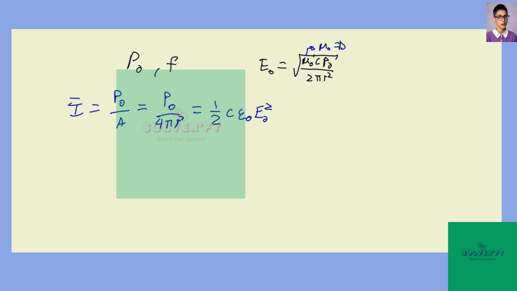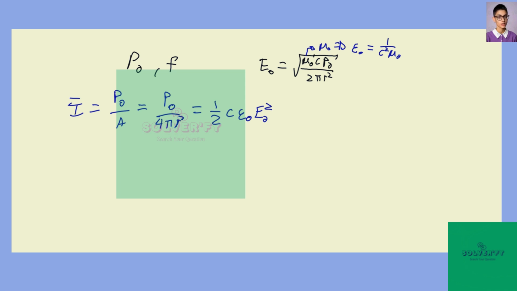So since we're looking for mu naught, let's solve for epsilon naught by the following relation. So epsilon naught is equal to 1 over c squared mu naught. Epsilon naught is the permittivity of free space, and mu naught is the permeability of free space.